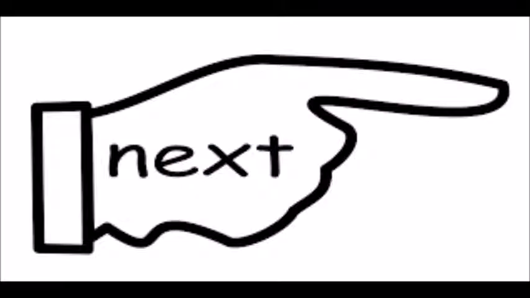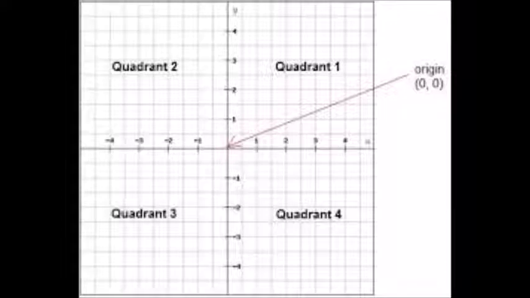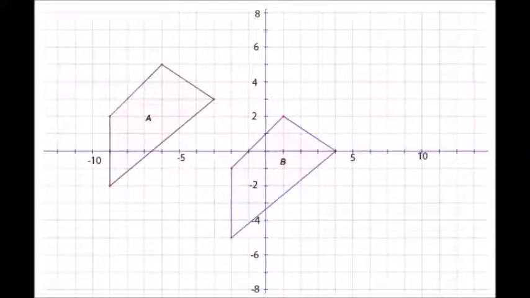Next, we talked about tessellations on the coordinate plane. The coordinate plane, if you remember in math, is where you have those four quadrants: negative, negative; positive, positive; positive, negative; negative, positive, with the X and Y. In class, we drew our tessellations in one of the quadrants of the coordinate plane.